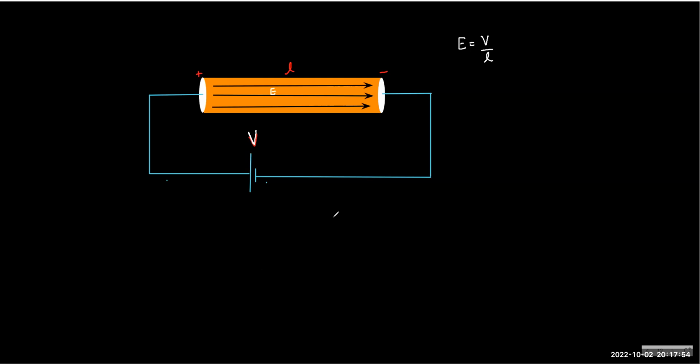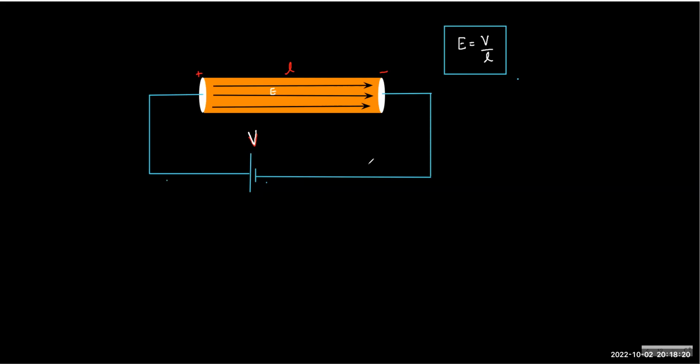So E equals V by L. Anyone having doubt in this formula? So simple formula. Some guys are forgetting, huh? Knowledge is volatile. Knowledge is highly volatile. So keep on revising.